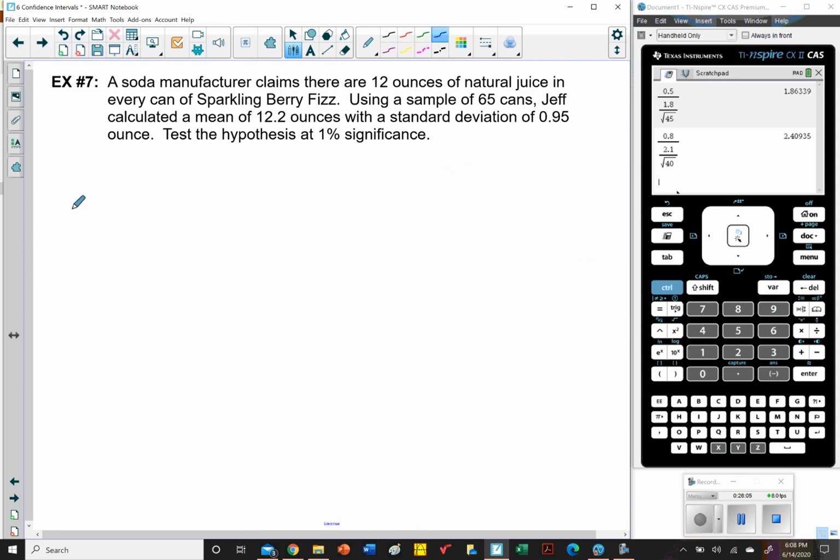The last example: a soda manufacturer claims that there's 12 ounces of natural juice in every sparkling berry fizz. So that's our claim. When it's an equality, that's the null hypothesis, that mu is 12. The Ha is that there is not 12 ounces.